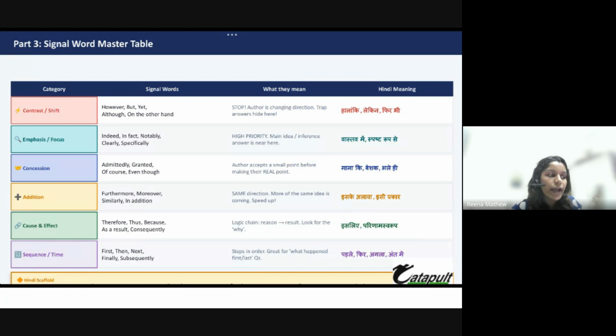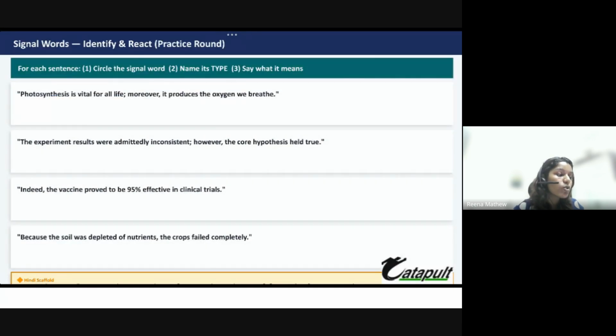So if you find these in the sentence, you will know: is it adding more points? Is it emphasizing the main idea? Or is it contrasting? However is the signal word. However means I am contrasting. However is but, so the second part opposes the first part.